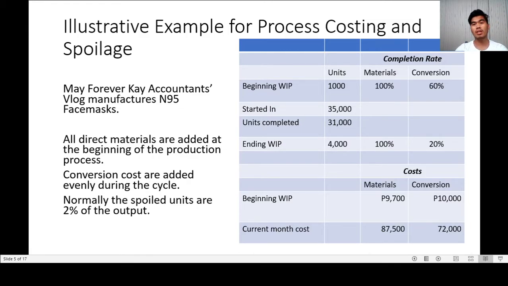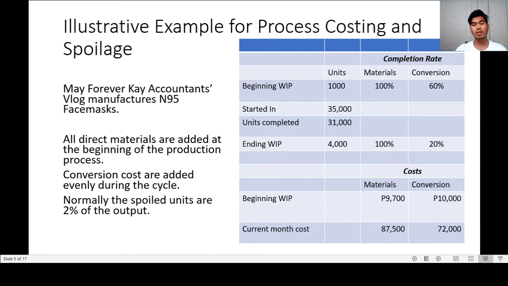So yung completion rate ng materials for beginning work in process natin is 100%, given naman siya. And then your completion rate for conversion is 60%. For the ending work in process 4,000, sabi nga natin yung materials is already added at the beginning of the production. So 100% na siya. And then yung conversion is 20%.